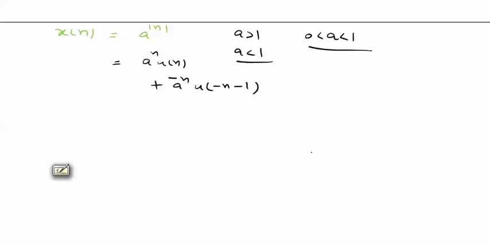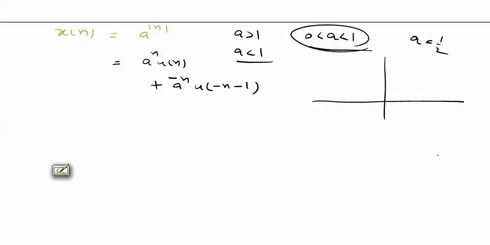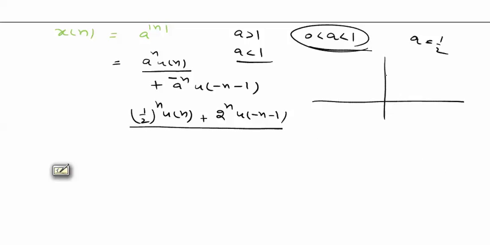Complete expression for us is this, and I am drawing it. I took a value half, so drawing is very easy. With half, in between any value, half, 1 by 3, 1 by 4, 2 power n u of minus n minus 1. N equals 0, it is 1.